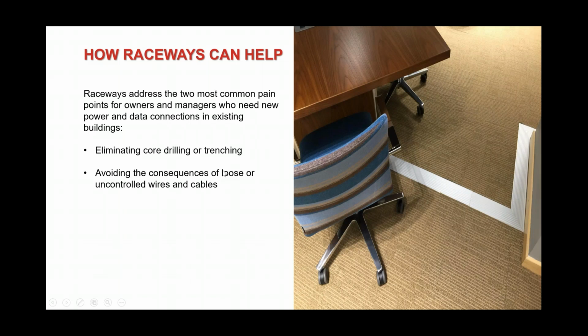Here's an example of another one that has an exposed top cap, but you can see it's coming around the column. Raceway allows you to move them where you need them to be. This is one where the power was around the corner, and they snaked it around and put it right at the foot of that table, and no one even notices they're sitting on it.